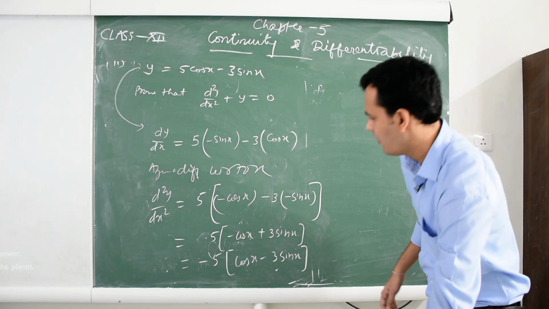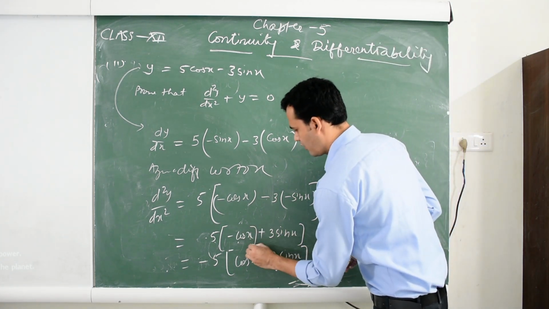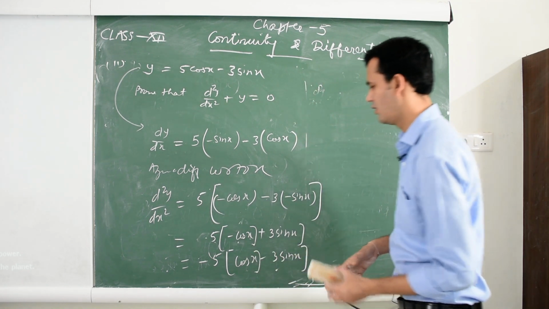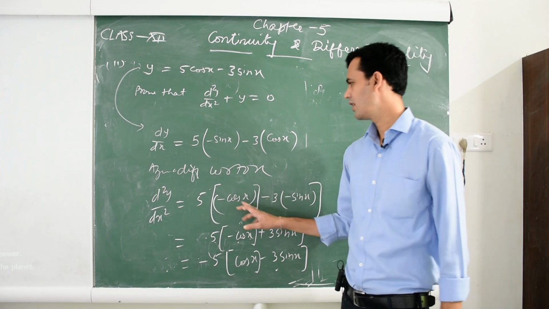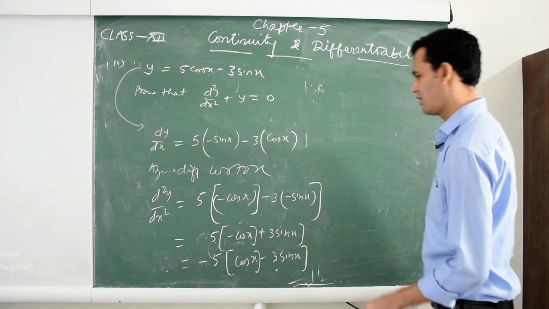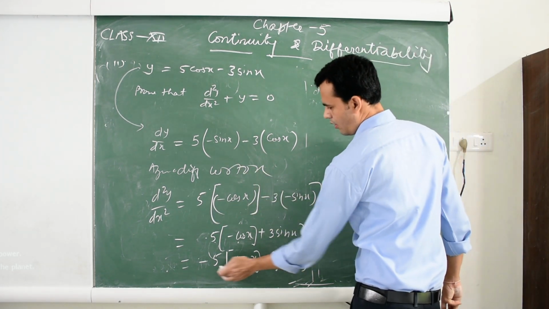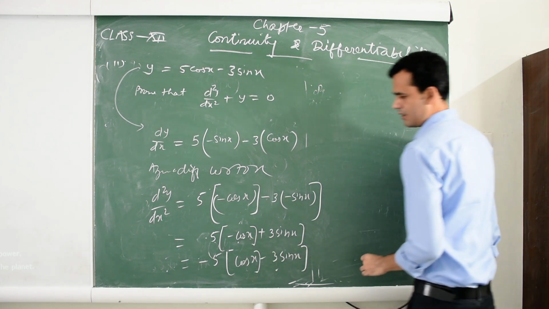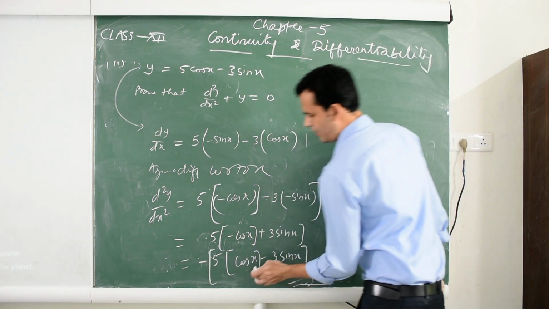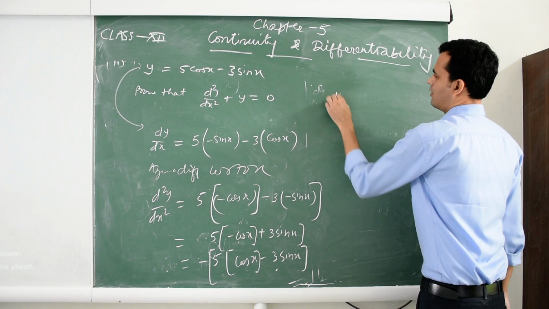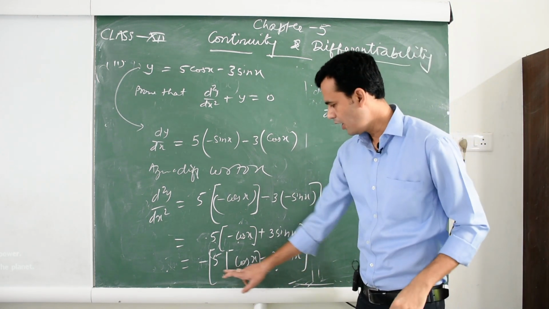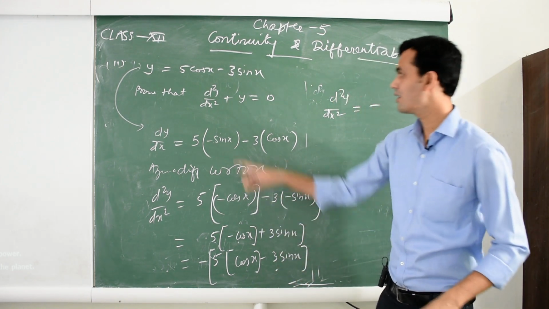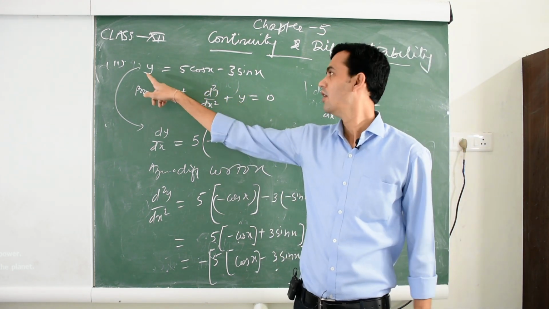Okay, 5 is not with both terms, this is with only the first term. So it is 5 minus cos x and 3 sin x. If we take minus common, then we get this term, and d2y by dx square equals minus, and this 5 cos x minus 3 sin x is the value of y.